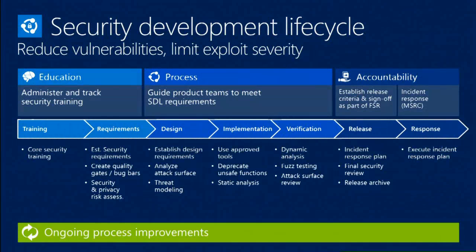So the point of the security development life cycle is to reduce vulnerabilities that we may have in the service. Constantly we are investigating, and if there are any vulnerabilities, we plug them, we reduce them, and we also think about limiting the severity of exploitation.